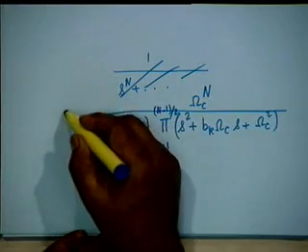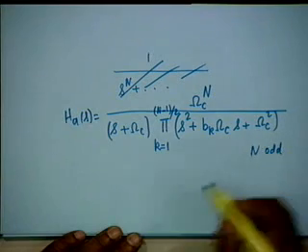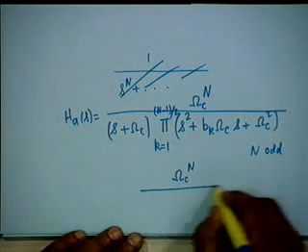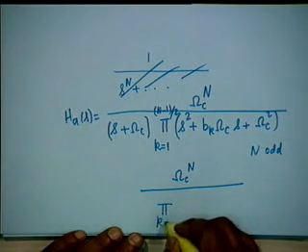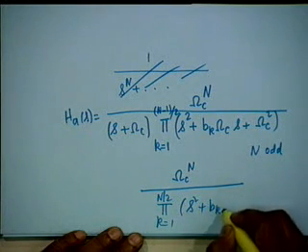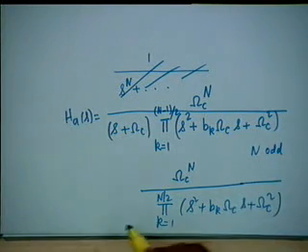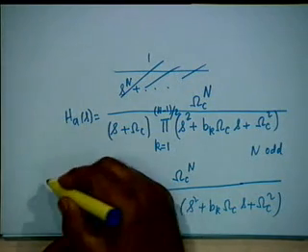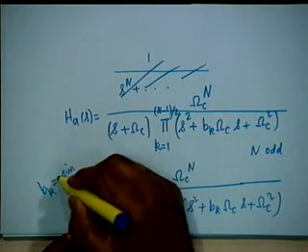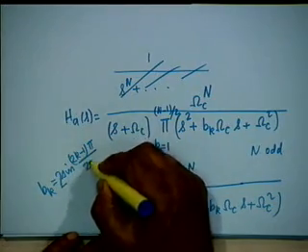This is H A of S if capital N is odd, and if capital N is even, then we shall have omega c to the n divided by continued product k equal to 1 to n by 2 of s squared plus bk omega c s plus omega c squared, where for this constant bk, you do not have to find anything else, you just find out bk as twice sine of (2k minus 1) pi divided by 2n.